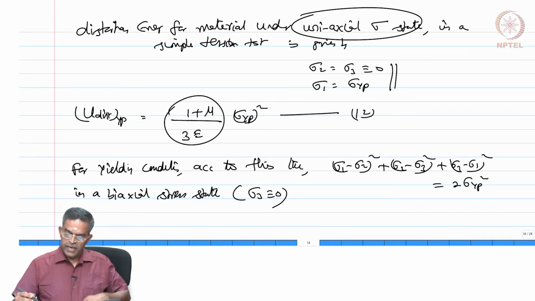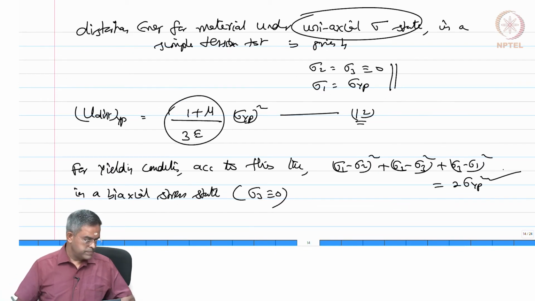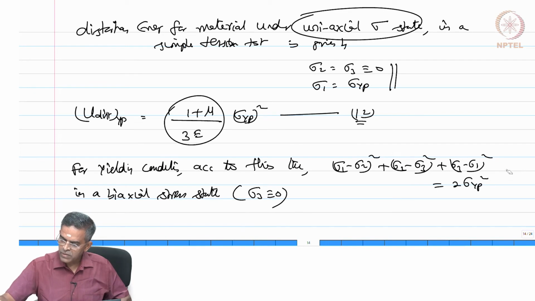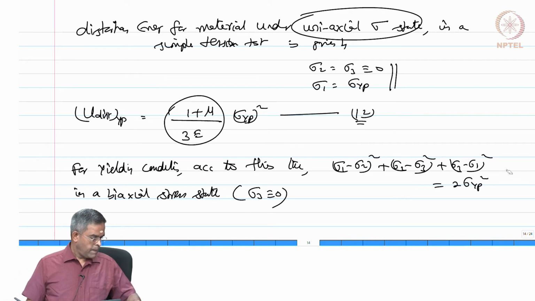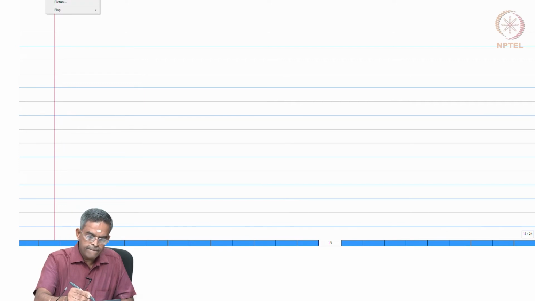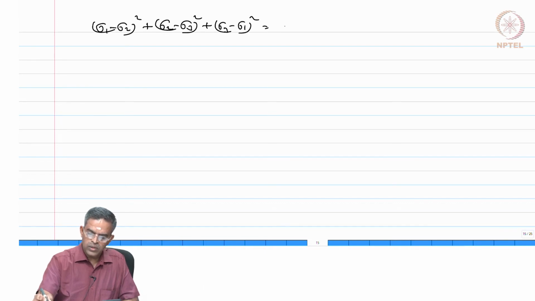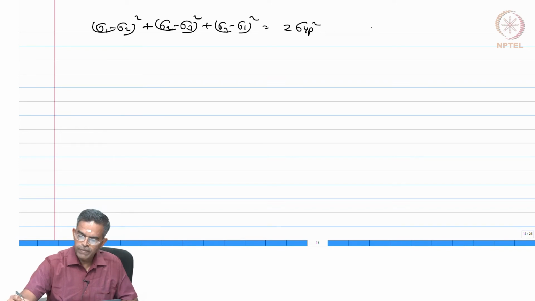So, I can now straight away say, equating this with the previous case, I can write this equation, no? 2 sigma yp square, okay. So, sigma 1 minus sigma 2 the whole square, plus sigma 2 minus sigma 3 the whole square, plus sigma 3 minus sigma 1 the whole square is 2 sigma yp square.